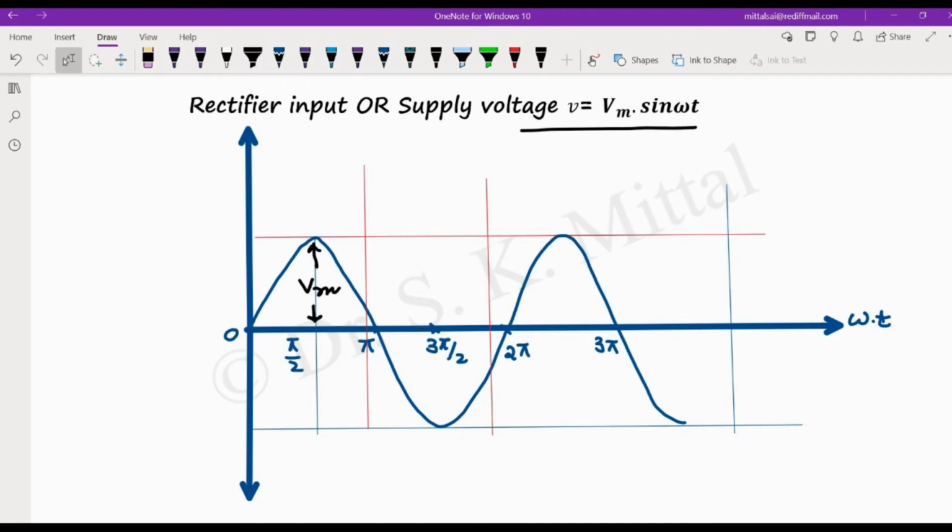So this is the first positive maximum value Vm of supply voltage. V is equal to Vm sin omega t. This is the standard supply voltage, and according to the circuit diagram it becomes the rectifier input voltage.